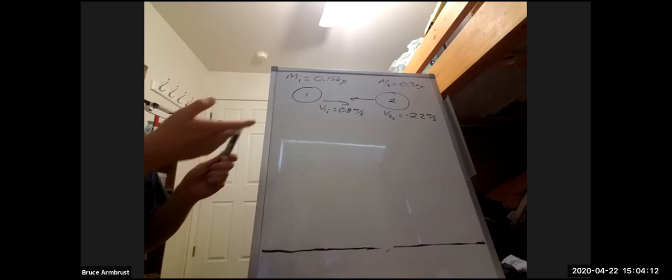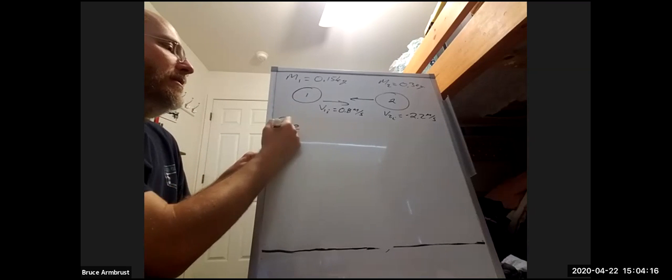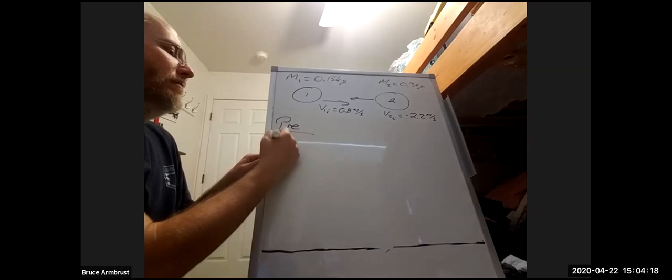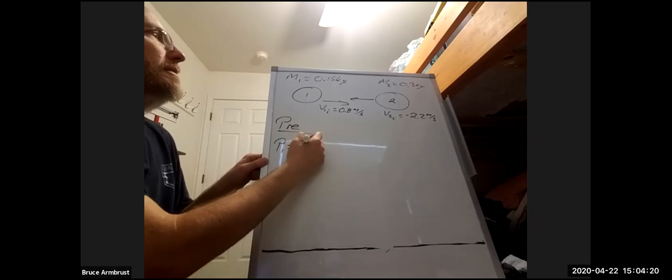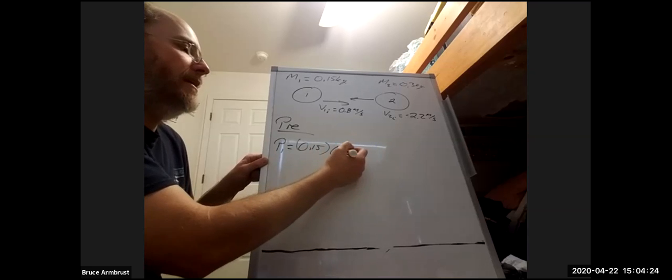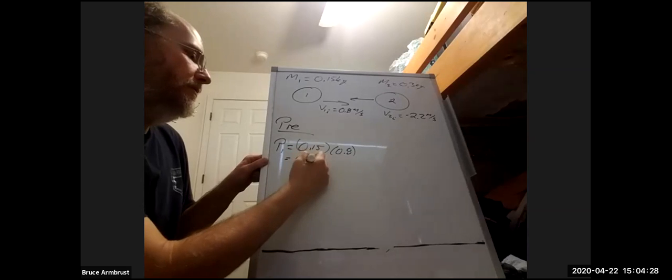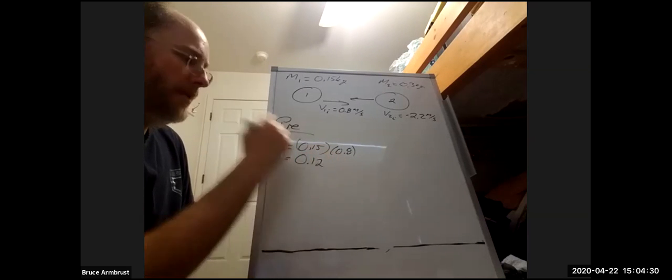Okay, so from this, we can find out initially how much momentum we have as a group and what our kinetic energy is as well. All right, so this is going to be pre-collision. Momentum number 1 is going to be 0.15 kilograms times 0.8 meters per second, which ended up being 0.12 kilogram meter per second.